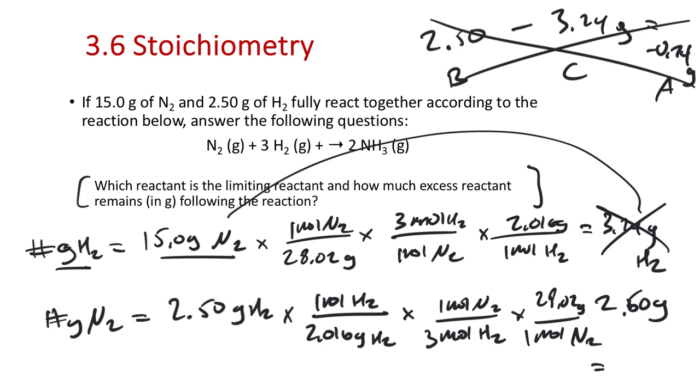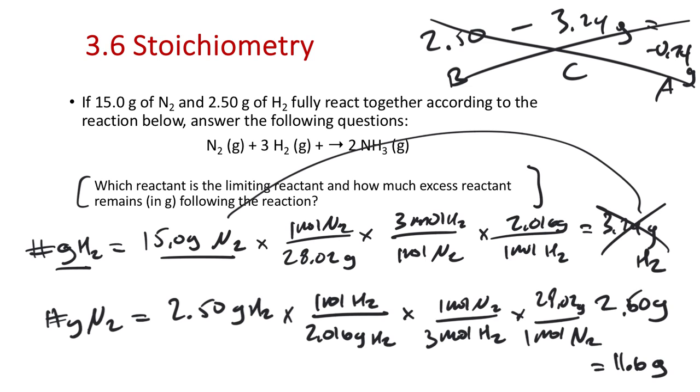So we go 2.5, divide by 2.016, divide by 3, times 28.02 is 11.58, 11.6 grams. And so that's how much N2 that I need to react with the H2.